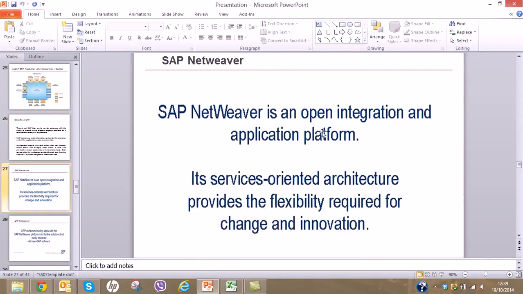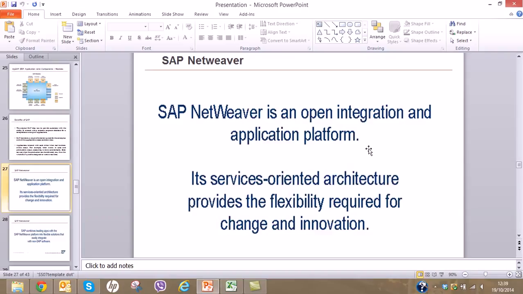SAP NetWeaver. Okay, that is the first. NetWeaver is an application. In my SAP ERP, rather, I will say NetWeaver is another module, and in this module many aspects happen.